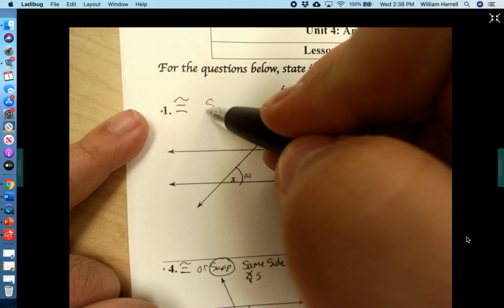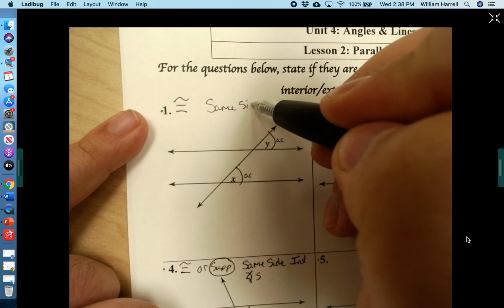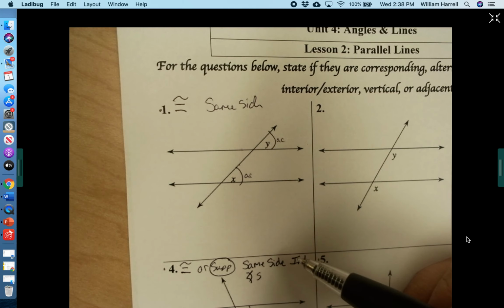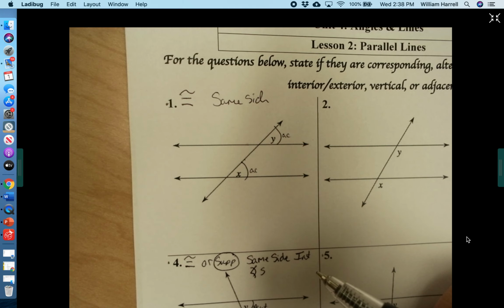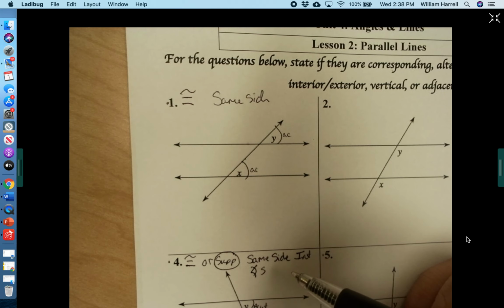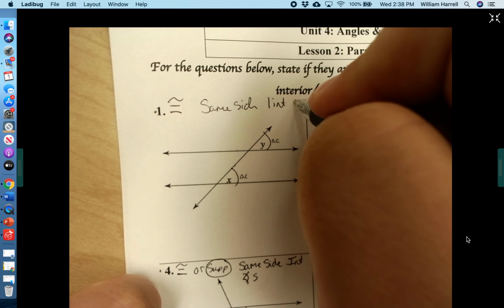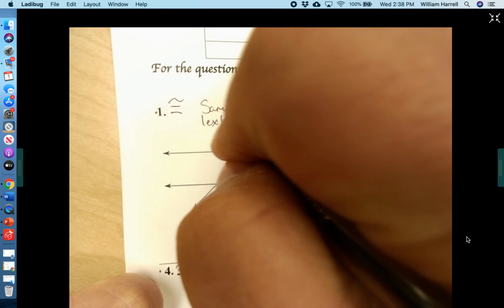They're both same side. Now, when we talk about interior, exterior, are they both outside, are they both inside, or is it one of each? There's one interior and there's one exterior.